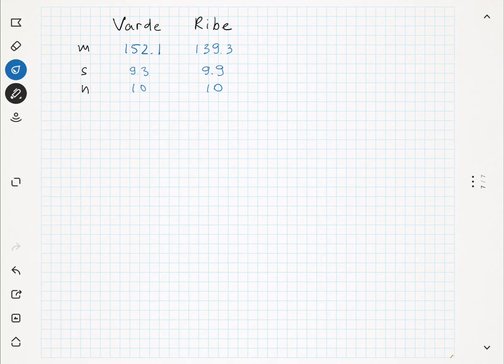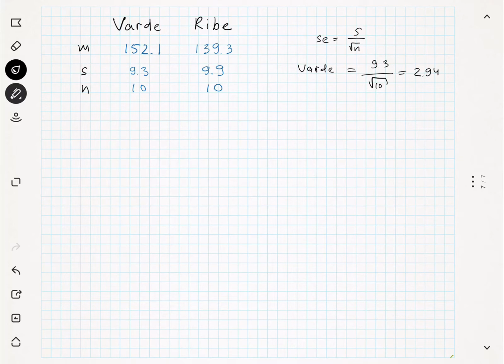Now, first of all, let's calculate the standard error. You remember that the standard error is s over the square root of n if we have a one-sample t-test, right? In the first case, for Wade, it will be 9.3 over the square root of 10, which gives approximately 2.94.